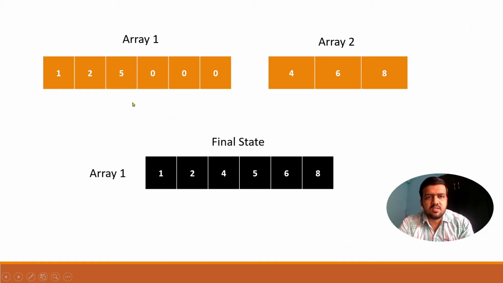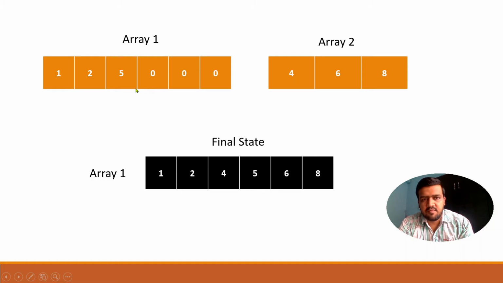So the question requires a scenario something like this. Let's say we have these two arrays. By default, the first array will have space for the elements of both arrays combined. Let's say we have three elements in the first array and three elements in the second array. After combining these two arrays, we will have a total of six elements.